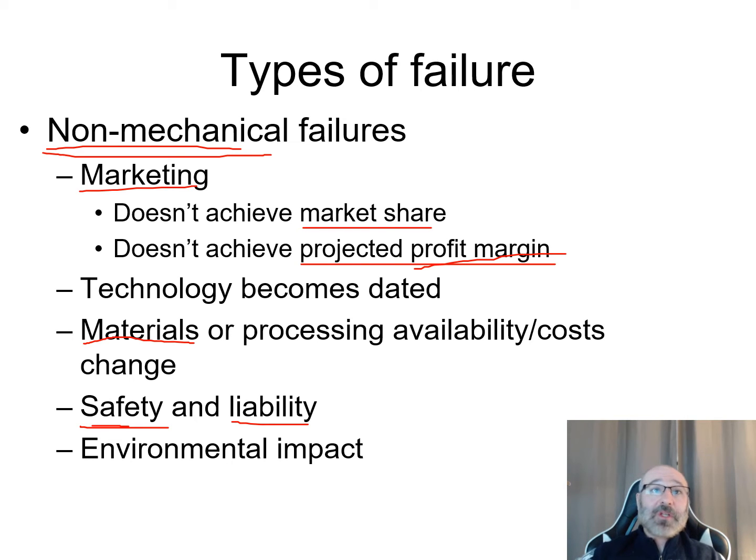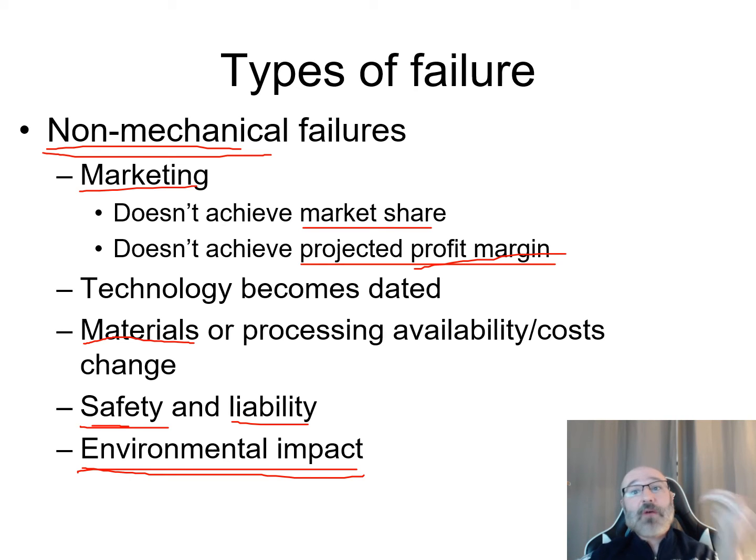And the last topic we're going to take a look at here for non-mechanical failures is environmental impact right here. So this again could be a lot of different things. Well, it's in use, the environmental impact there. You know, maybe the carbon emission or the byproduct that's being put out. Is it going to be harmful to the environment? This is something that could be, again, a non-mechanical failure because it's harming the environment, and then it gets pulled. EPA, FDA, whoever it is, comes in and says, no, no, no, you can't have that.